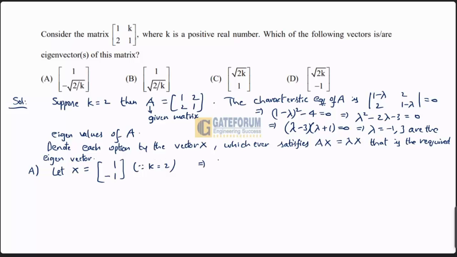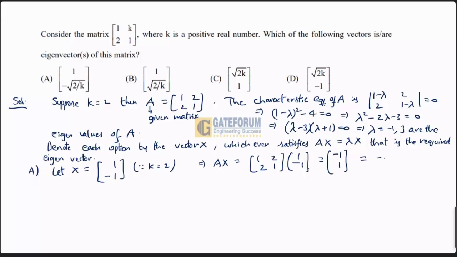This implies A into x, where A is [1, 2; 2, 1] and x is [1, minus 1]. So multiplying, first row into first column: 1 into 1 plus 2 into minus 1, that is 1 minus 2, which simplifies to minus 1. Second row into first column: 2 into 1 plus 1 into minus 1, which simplifies to 1.